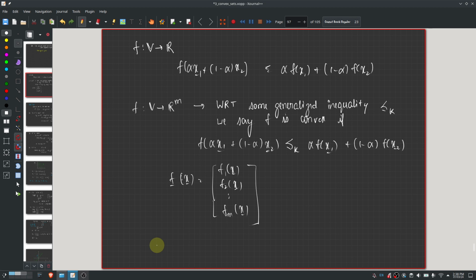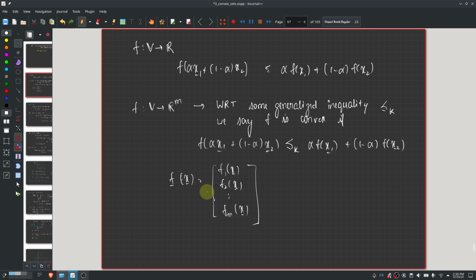Now, when would this function be convex with respect to the component-wise inequality? Or what can you say about the individual functions f1, f2? Basically, this would be convex with respect to the component-wise inequality if each of the f1, f2 up to fm are all individually convex.